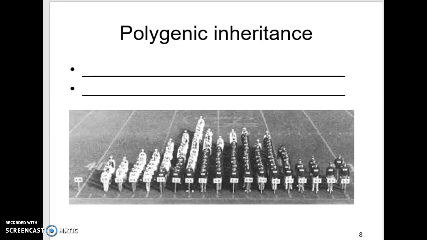It's the combination of multiple genes coming together to create a particular variation on that trait. So when you look at a trait and there's this continuous variation, that often gives us the indication it's polygenic inheritance. Okay? So one way to relate it is it takes the combination of multiple genes to actually get that to express.